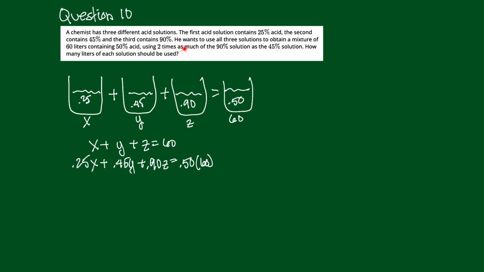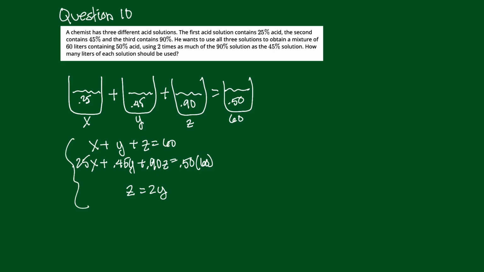The 90 is going to be twice as much as the 45. So z is 2y, all right? So z has to equal 2y.